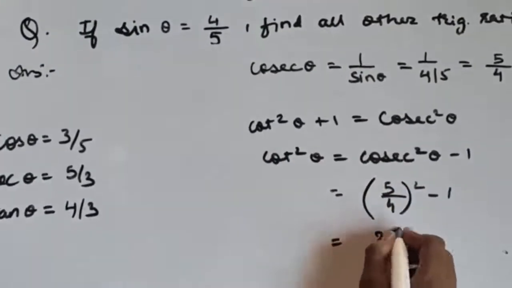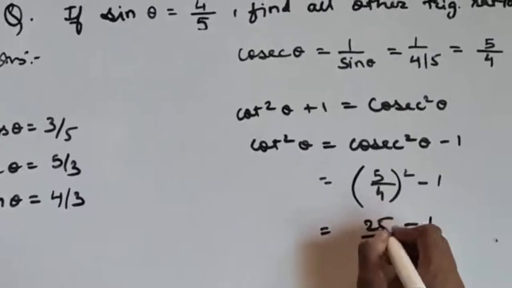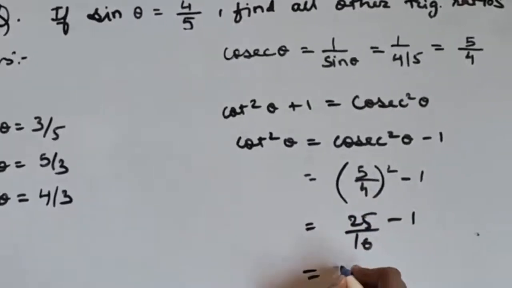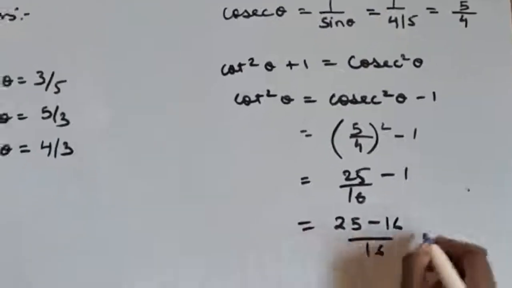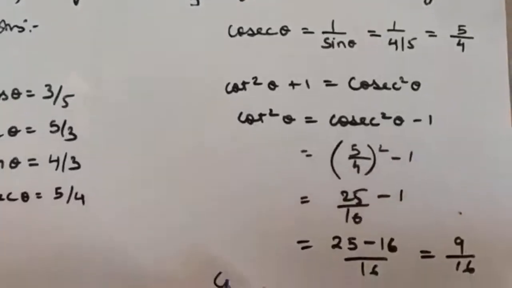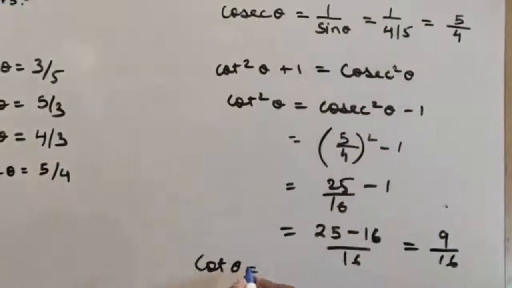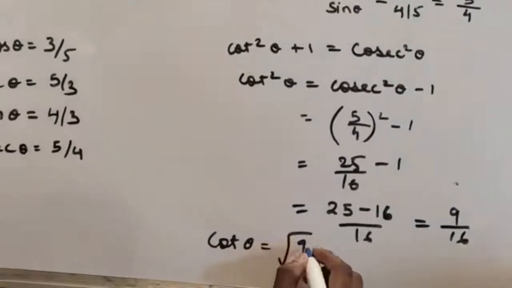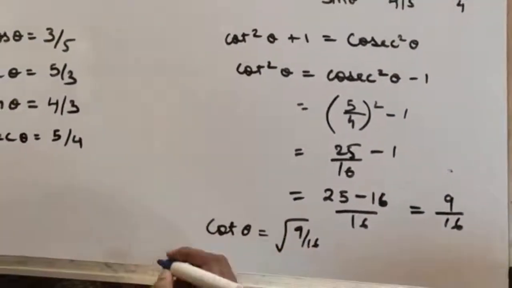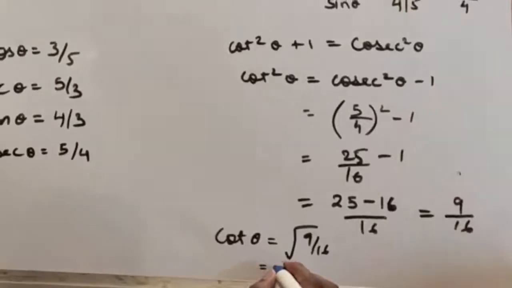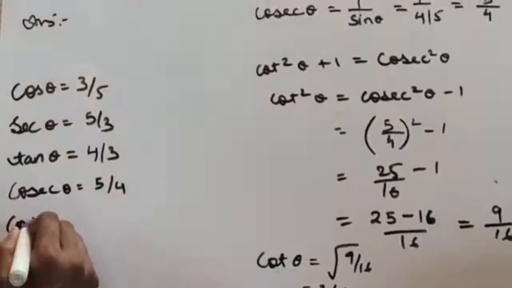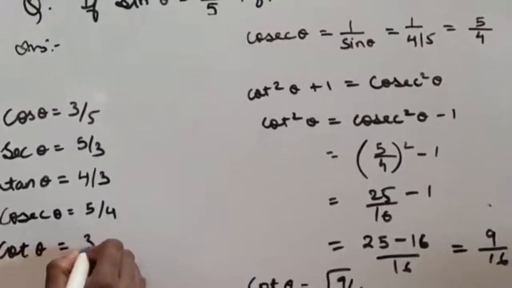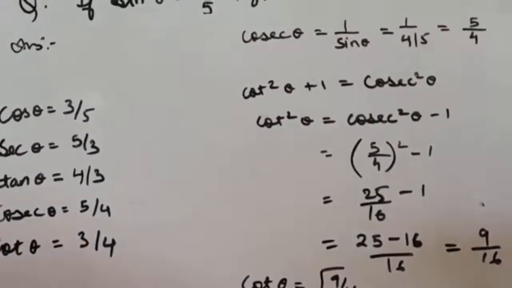So it will be 25 upon 16 minus 1. So it will be 25 minus 16 upon 16, which is 9 upon 16. So cot theta will be root over 9 by 16, which is equal to 3 by 4. So let's write it over here. Cot theta is equal to 3 by 4.